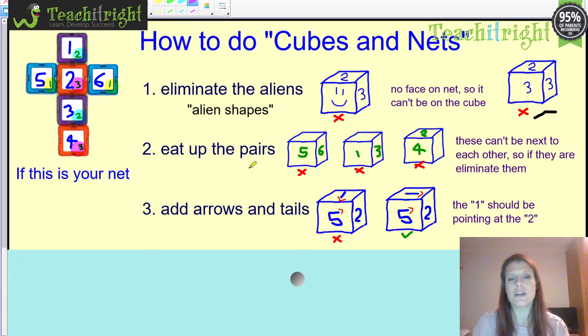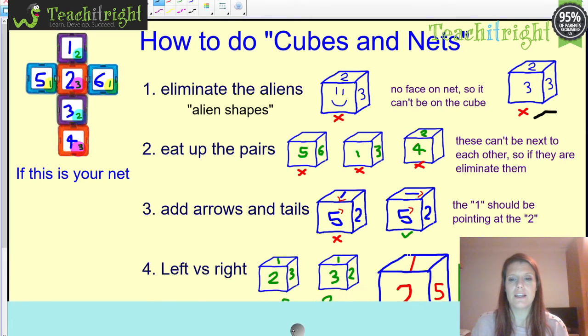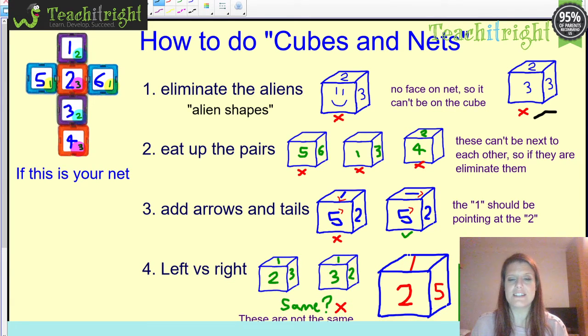And you can see that already on the net. It's not lying flat this way. It's pointing at the 2. And finally, which orientation is the cube? Left or right? These two cubes here are not the same.